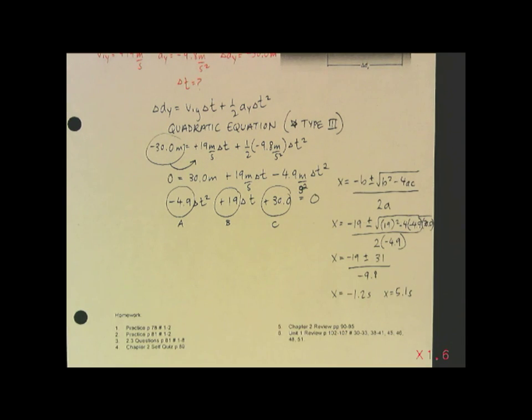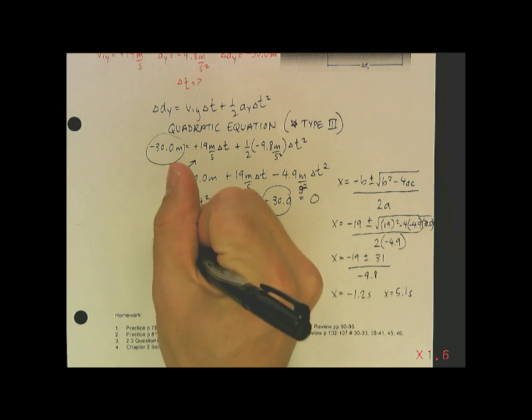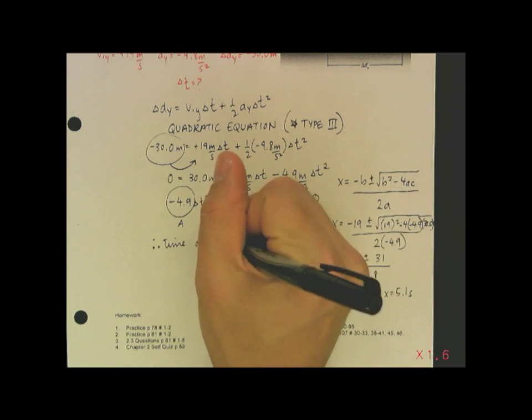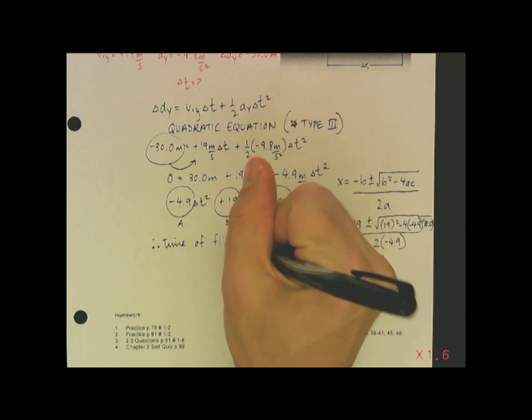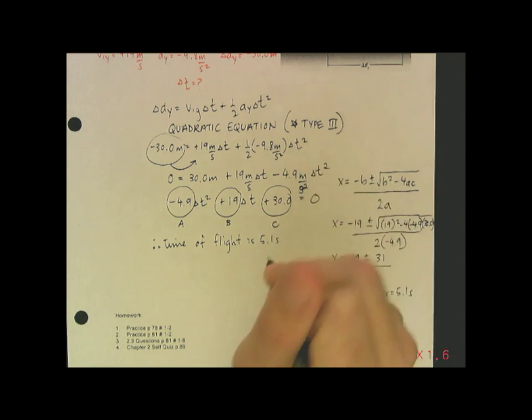We're going to reject the negative 1.2 because we don't have negative time, and we're going to accept 5.1 as our time of flight. Therefore, time of flight is 5.1 seconds.